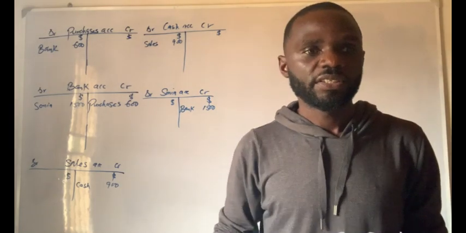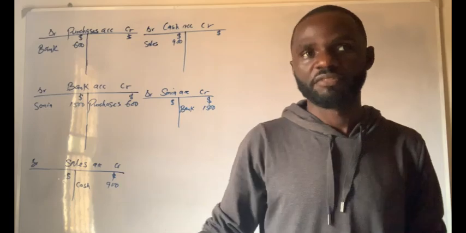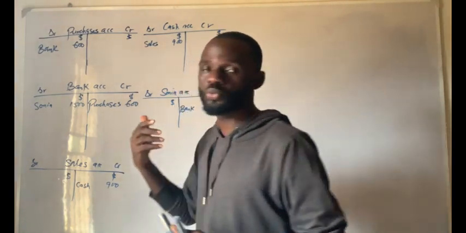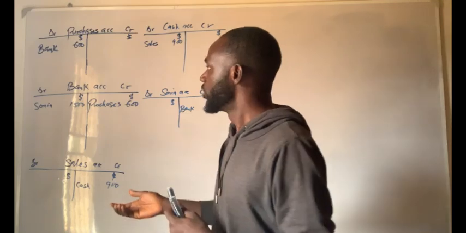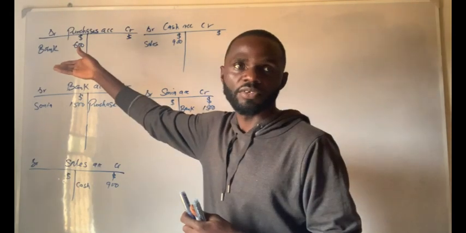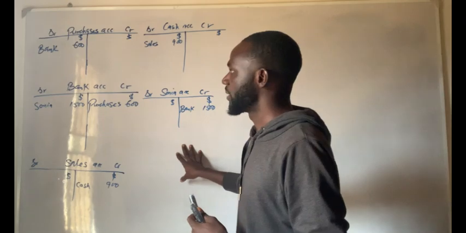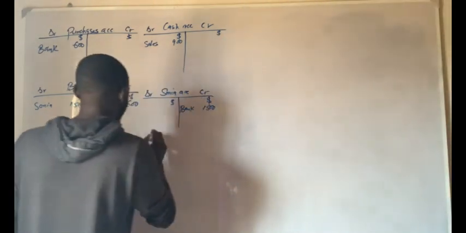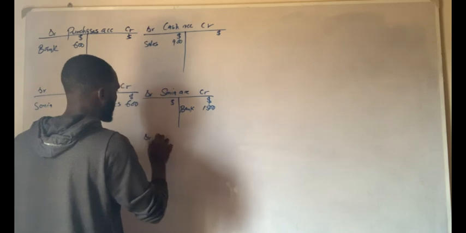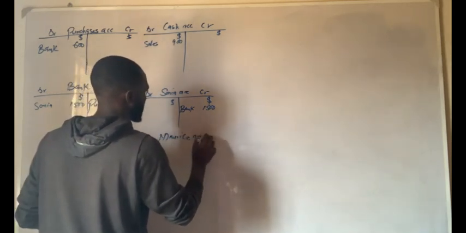So also on the 6th, they now paid Morris by check $1,500. So there's a payment to Morris by check $1,500, and that payment is through the bank. So the bank is now giving $1,500 to Morris. But we don't have Morris account here, but we have bank account here. So we'll just simply open Morris account. So here we have debit, we have the Morris account.